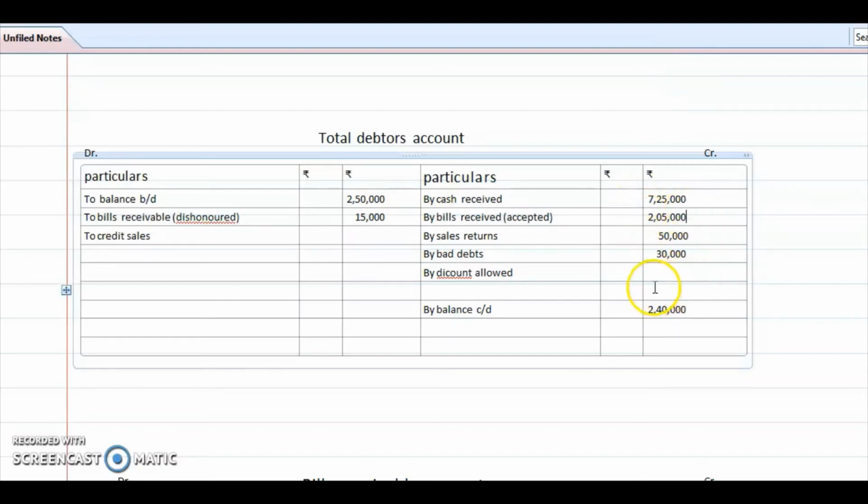Discount allowed is not given in the problem, so you make a dash.